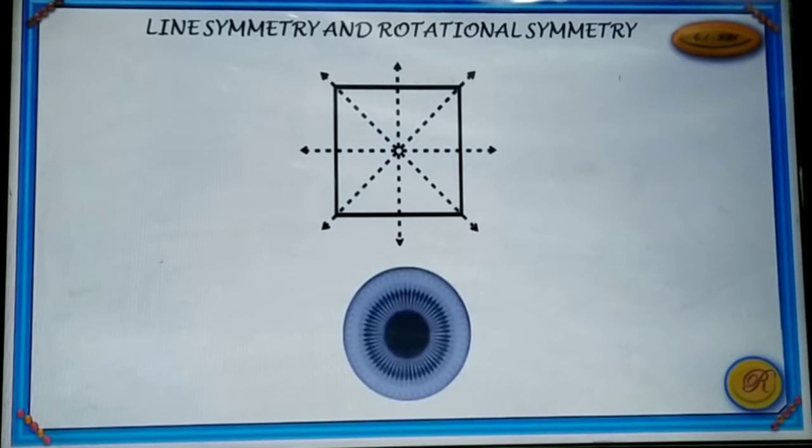Observe any circle pattern. Every line through the center, that is, every diameter, forms a line of symmetry, and it has rotational symmetry around center for every angle.